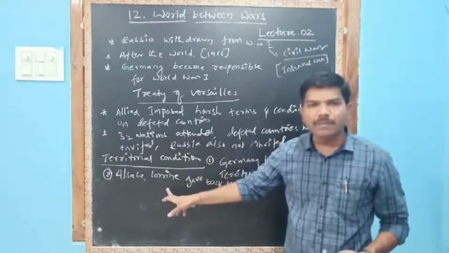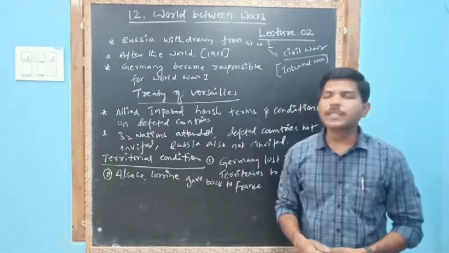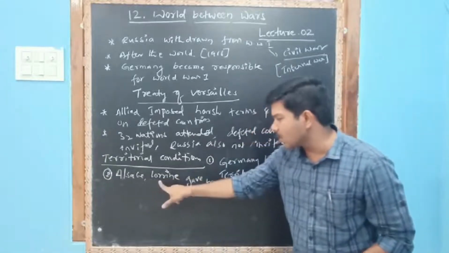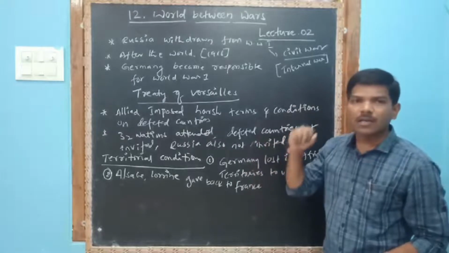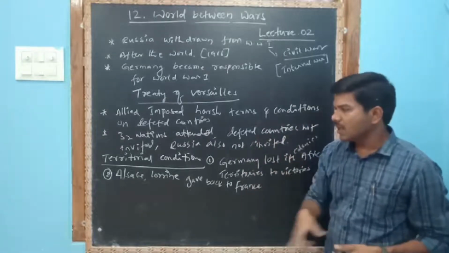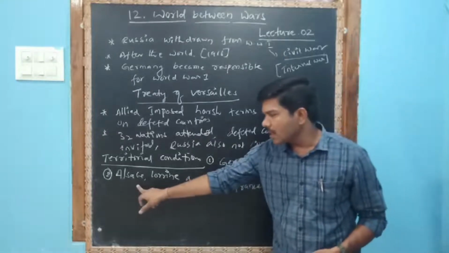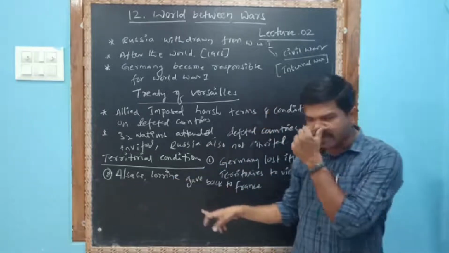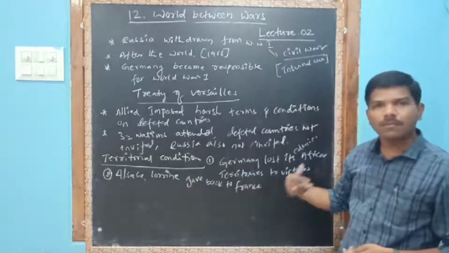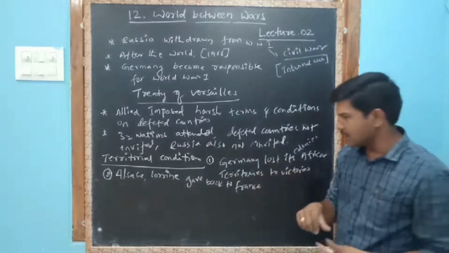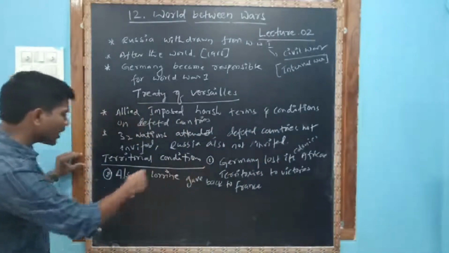In 1870, Bismarck, who united Germany, occupied Alsace-Lorraine from France. So Alsace-Lorraine was now given back to France. So these are the territorial conditions.